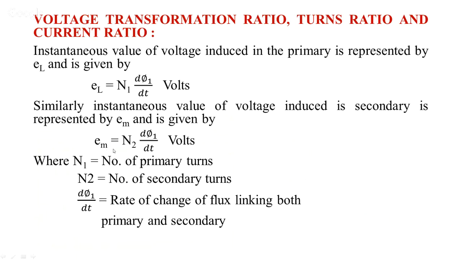So e2 = N2 dφ1/dt, where N1 is the number of turns on the primary, N2 is the number of turns on the secondary, and dφ1/dt is the rate of change of flux linking between the primary and the secondary.